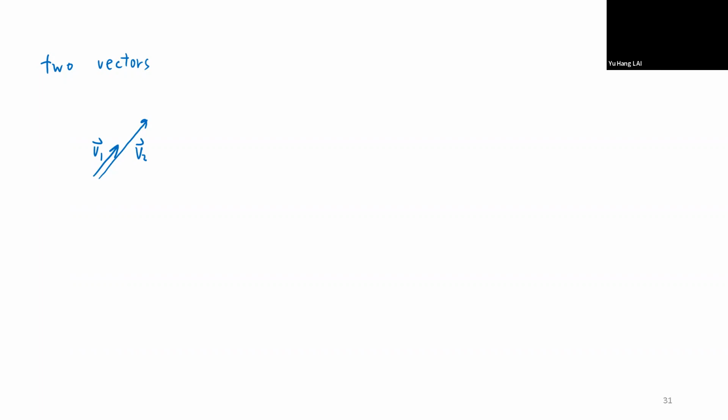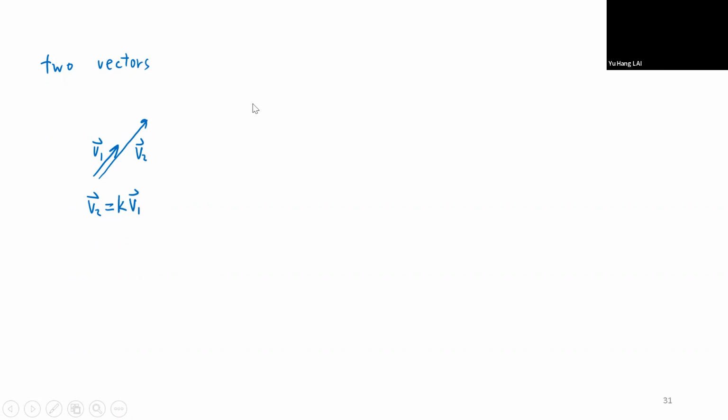Then v2 can be written as some constant times v1. So v2 is a scalar multiple of the other.